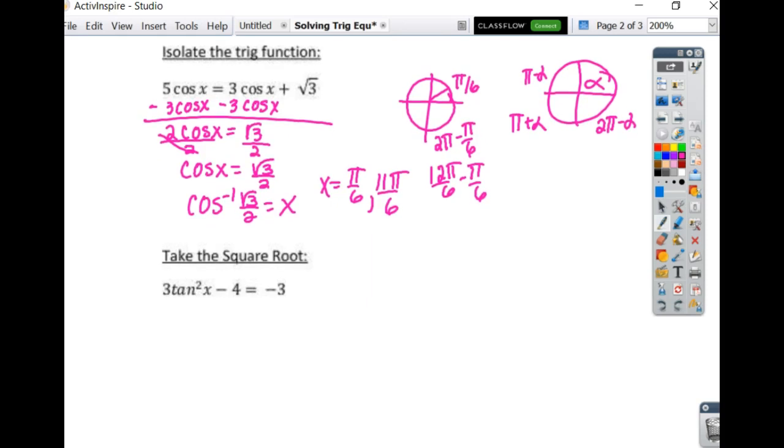So the next one is going to be when I have to take the square root. So the first thing I'm going to do is add the 4.